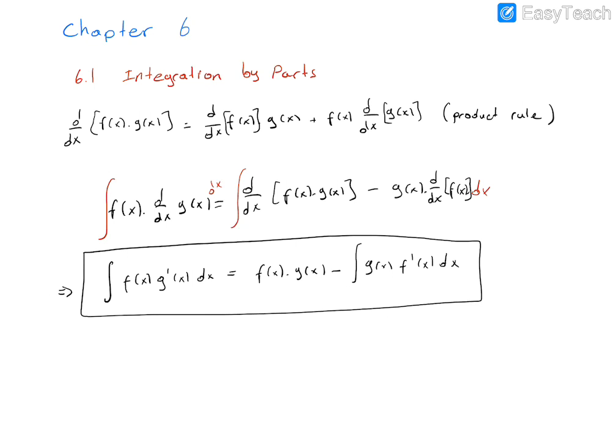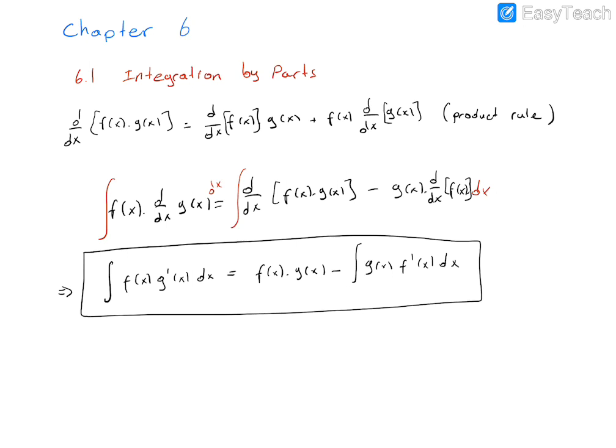Instead of f of x times g of x, it should be written f of x times g of x plus c. But we will leave out the constant of integration for now, since we can add it after integrating the second integral to the right of the equation.